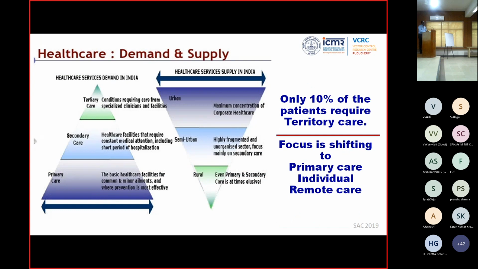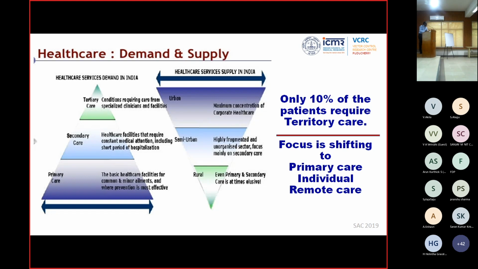You also know very well where the demand is and where the supply is. The population of India is mostly rural and the urban population is small, but the medical supply is mostly in the urban areas rather than the rural areas.